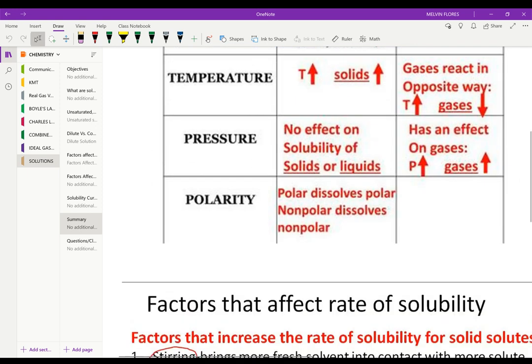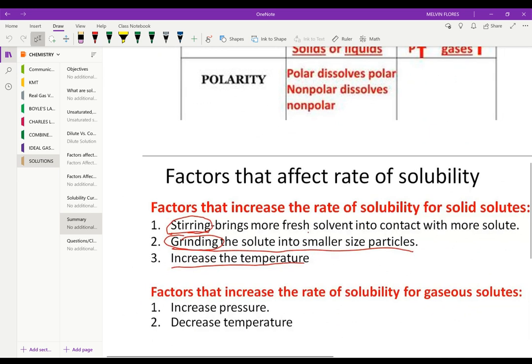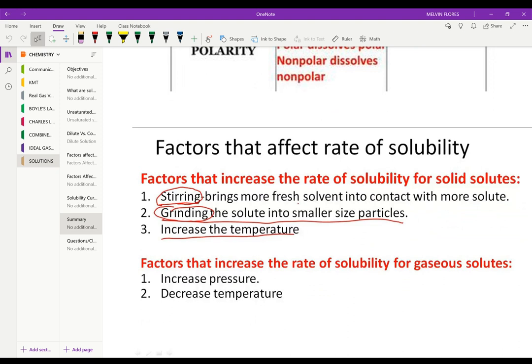Aside from temperature, pressure, and the polarity of the substance, we also have some factors that affect the rate of solubility. The first one is you stir the solution to, of course, dissolve more of the solute. For example, you add salt in a glass of water, you have to stir the solution to increase the solubility of the salt.